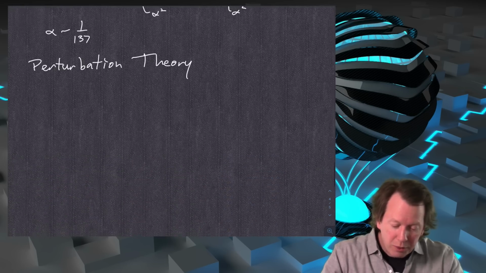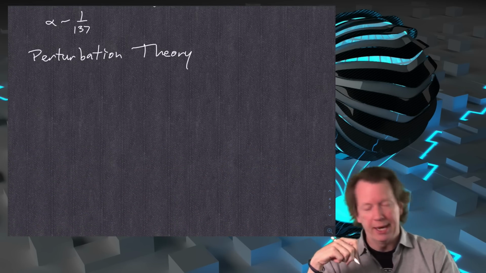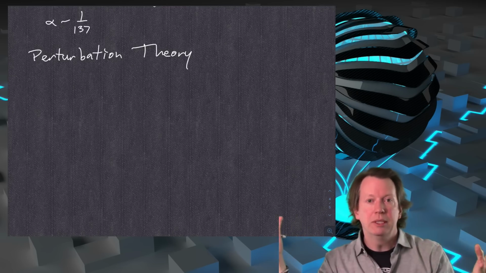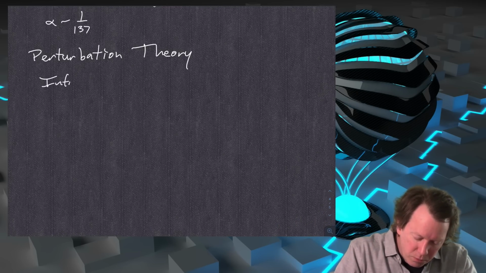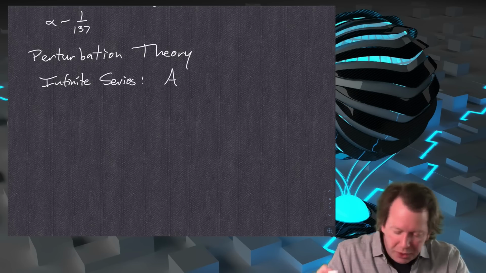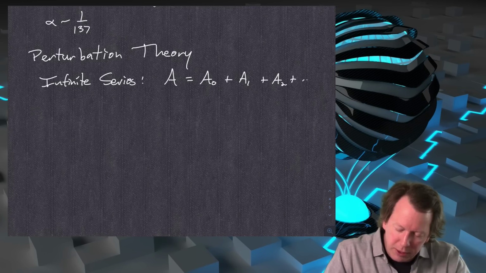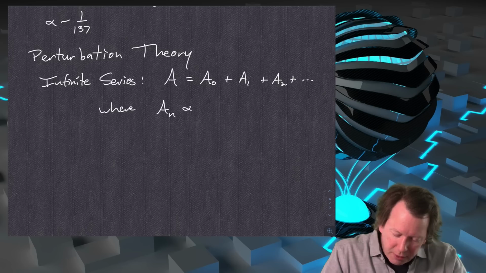So the reason why that works is because in perturbation theory more generally, not just in this context, you get an infinite power series. By power series, I mean an infinite series. Let's say A for the amplitude we're looking at can be written as A0 plus A1 plus A2 plus ..., where An is proportional to alpha.